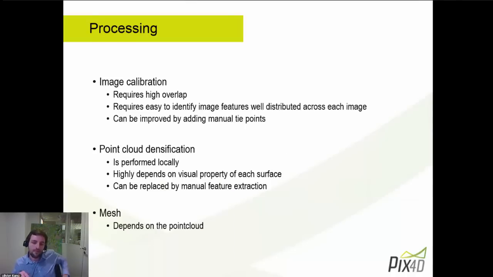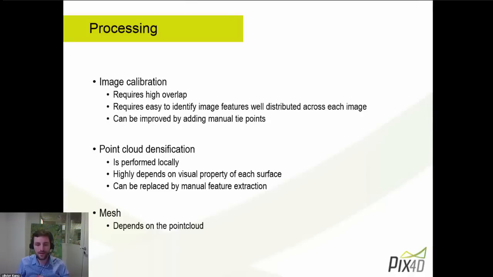And if you have used Pix4D Mapper before, you know that there are multiple steps in the processing. In the first processing step, it's all about image calibration. It's the step which will transform your images into well-aligned images and which is going to allow point cloud densification or mesh or orthopictures to be generated.